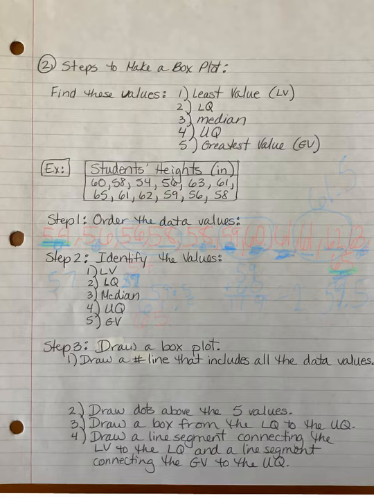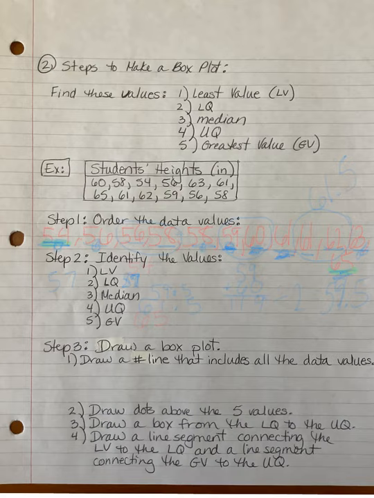So again, what I do to find the lower quartile is I find the median of the lower half of the values of the range. And then for the upper quartile, I find the median of just the upper half of the numbers. And so you divide the numbers into the middle where the median is.